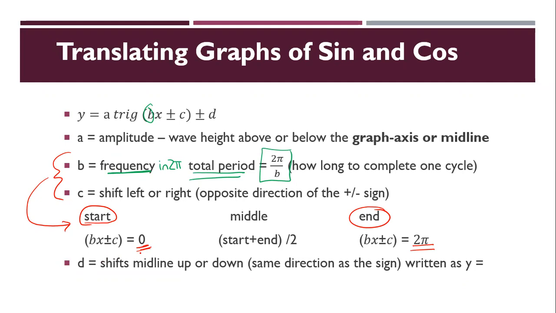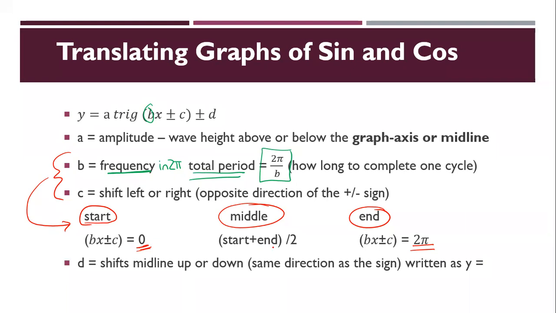Then for the new end point, bx plus or minus c equals 2 pi, and find your new ending point. To find the middle of your graph, add start plus the end and divide by 2. I'm going to show you some common sense approaches to this as well when we do our example.